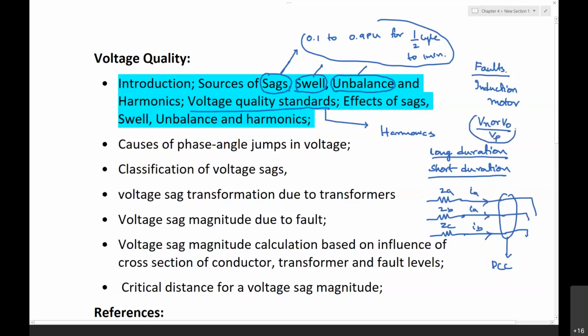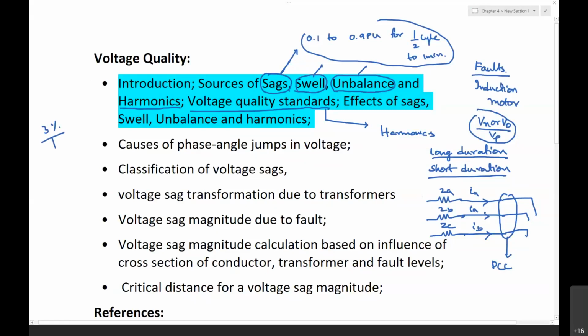Harmonics will also exist in the voltage; the maximum THD allowed is only 3%.